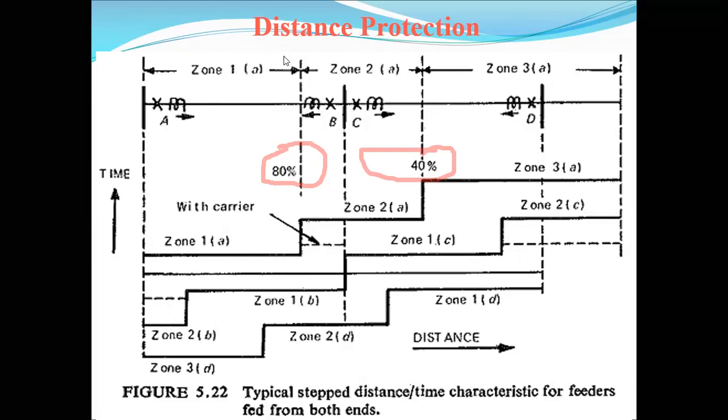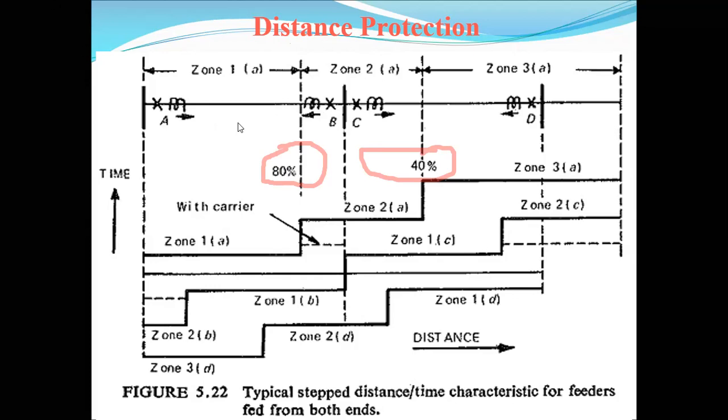The zone 2 relay coil gives the backup protection and also covers 20% of the present feeder line. The zone 3 is only for the overall backup protection.